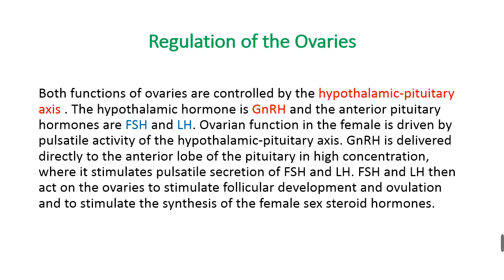The gonadotropin releasing hormone is delivered directly to the anterior lobe of the pituitary gland in a high concentration, where it stimulates a pulsatile secretion of both FSH and LH.